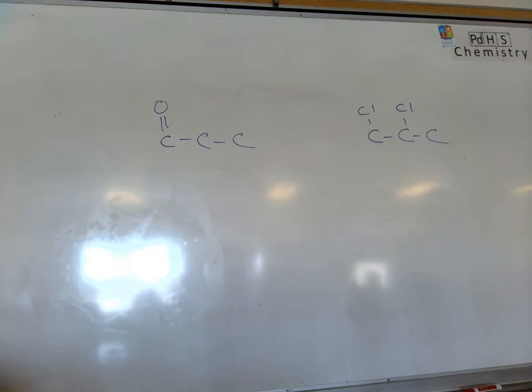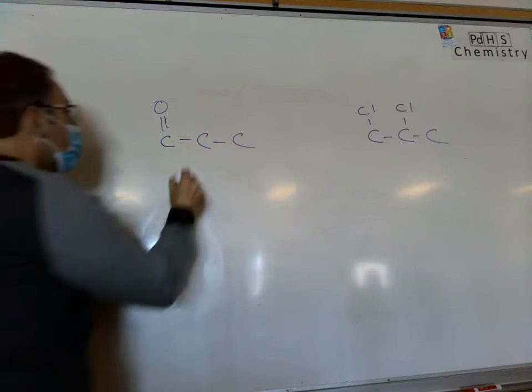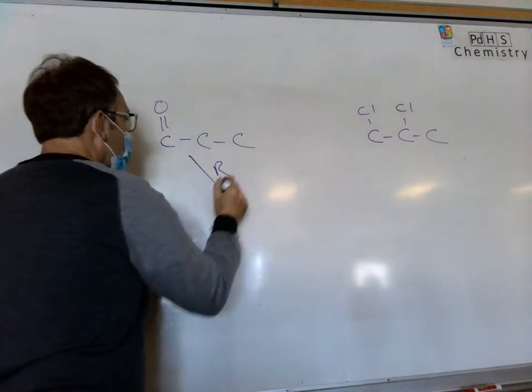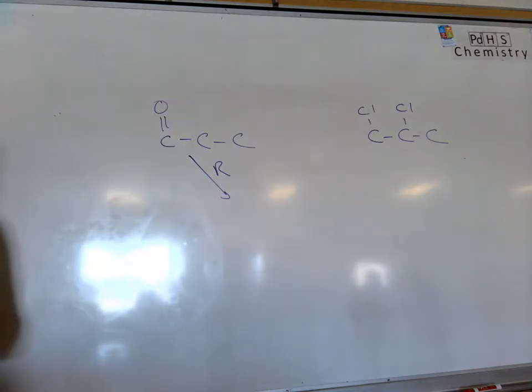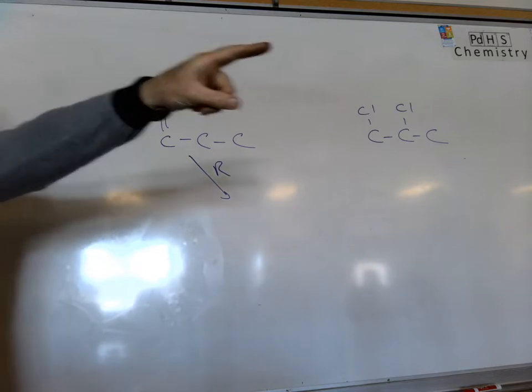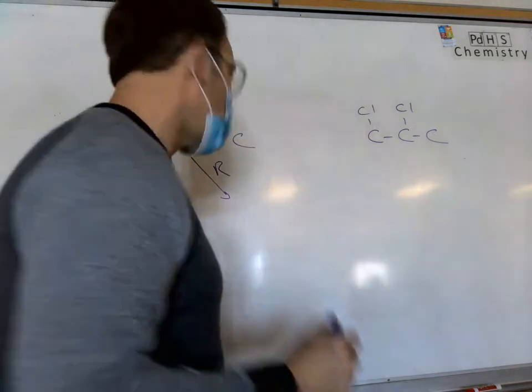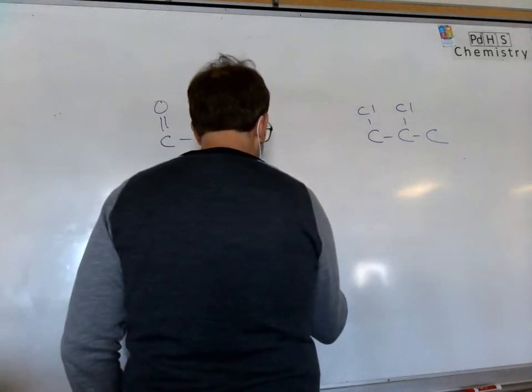Listen, if you're trying to make a C double bonded to an O, you oxidize. If you're trying to get rid of a C double bonded to an O, you reduce it. When you reduce a C double bonded to an O, what do you make? Yes, you make an alcohol.